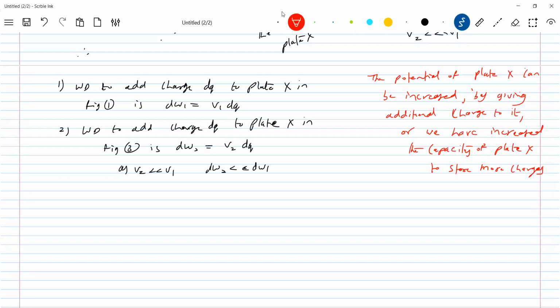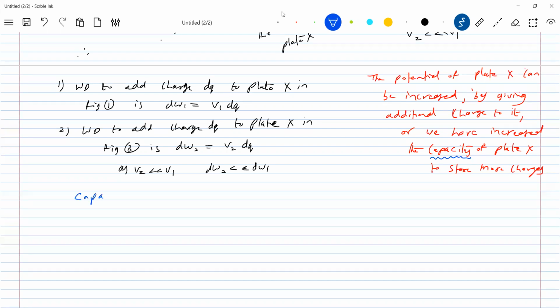Capacity, I'm using the word. This is the first time you are seeing something I brought, capacity. How are capacity and potential related? From this overall discussion, the capacity to store charges of a conductor is called capacitance. How are capacity to store charges and potential related? Inversely proportional.